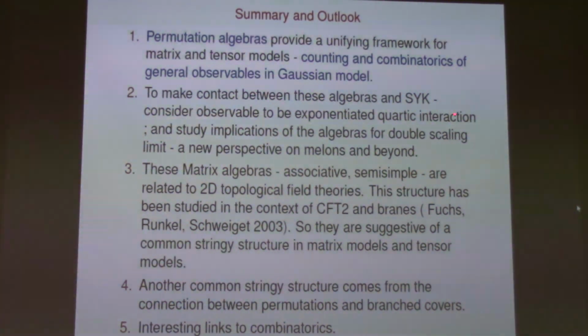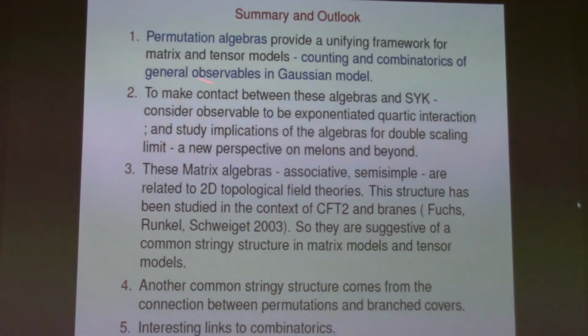In order to do that, one would consider, here I took a Gaussian model, general observable. A particular observable would be an exponential of the quartic interaction. So you take that particular observable and you could study its correlators using this kind of technology. And one could try and make contact with this double scaling limit that people have studied. That's an interesting direction to think about.